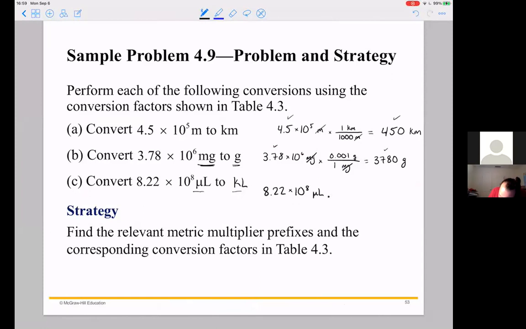So times 10 to the -3 kiloliters over 10 to the 6 microliters. I'm going to punch that into my calculator, and I'm going to get 0.822. Microliters cancel out, and I'm left with kiloliters. And again, just to double check, I have the right number of sig figs in both measurements. Okay, so those are our metric prefix unit conversions.